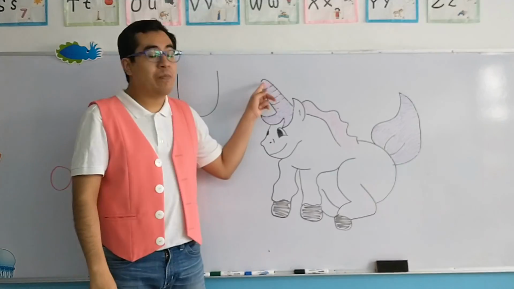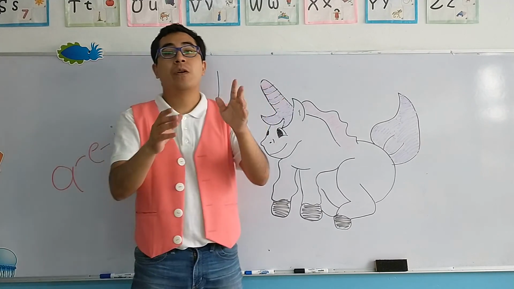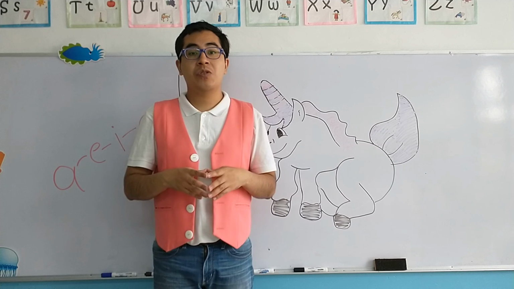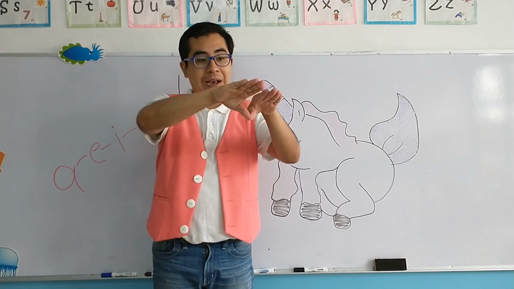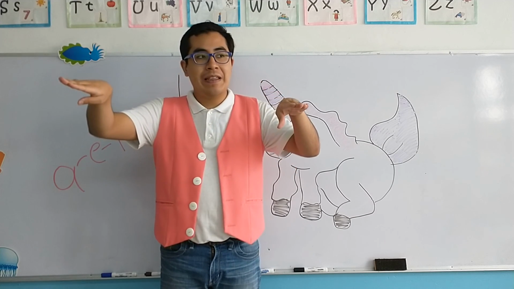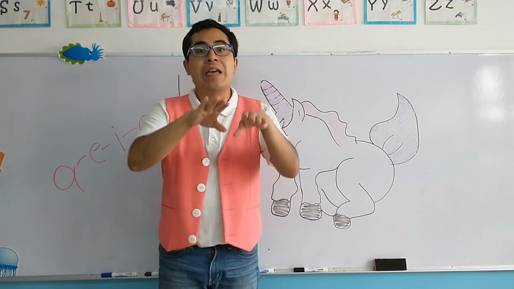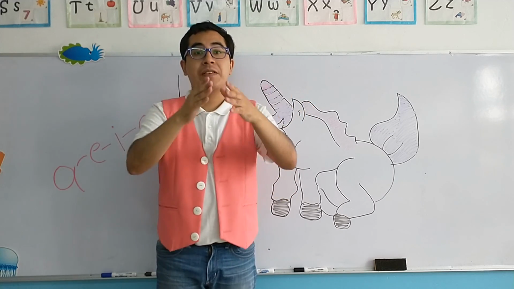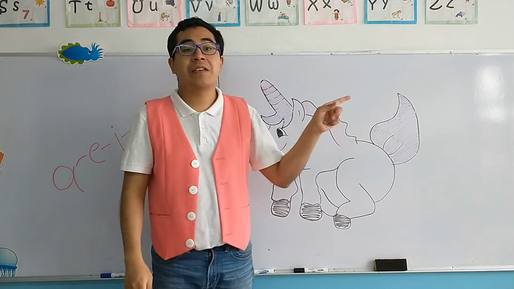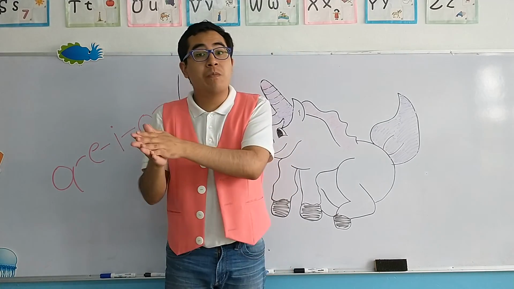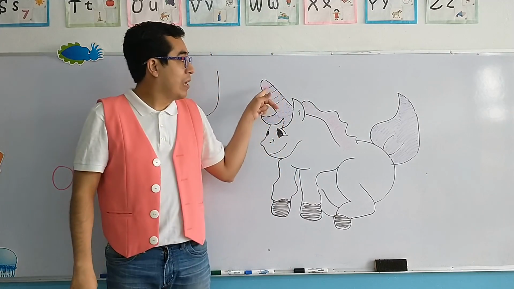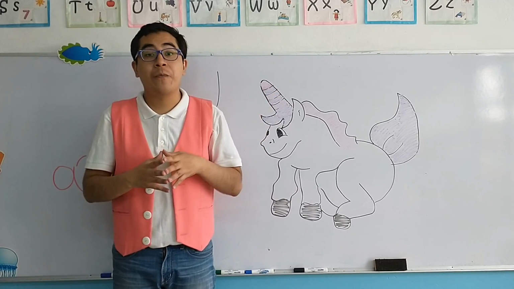That means color pink and color purple. Otra característica de los unicornios es de que tienen una capa de cabello, de pelo en su espalda. Y esa capa de pelo también es de diferentes colores, comúnmente el color rosa y el color morado.